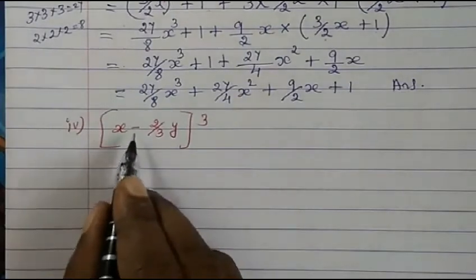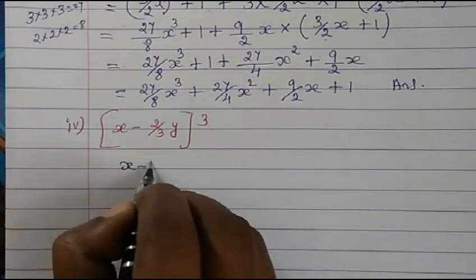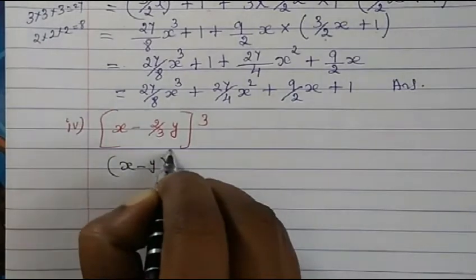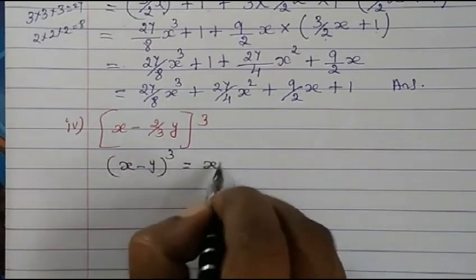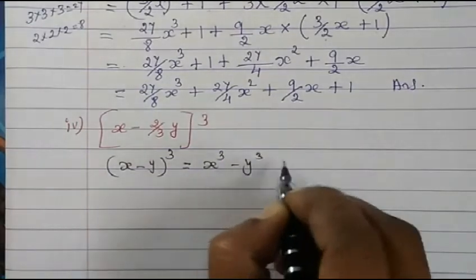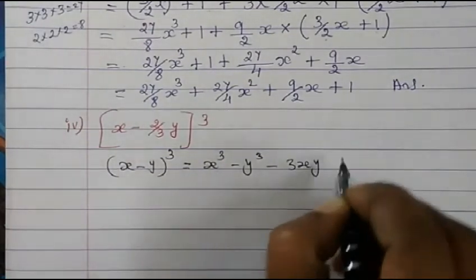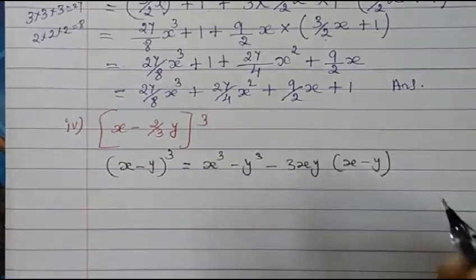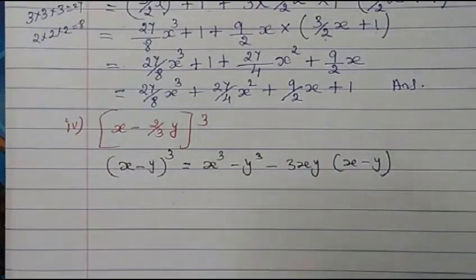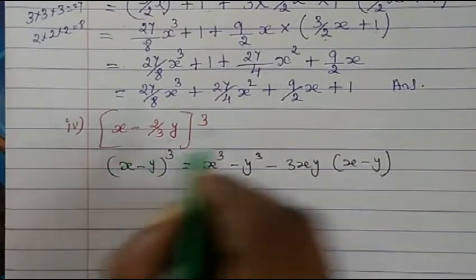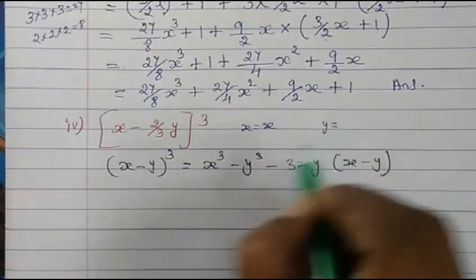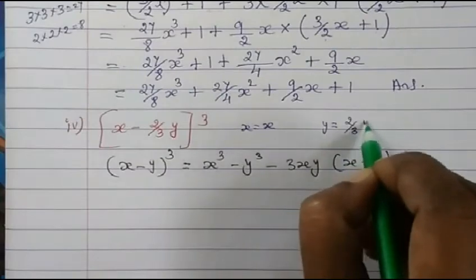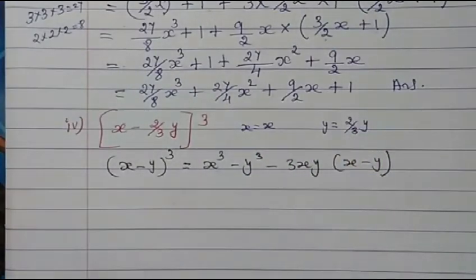Now for the next one also you see. This is in minus. So our expansion is (x - y) whole cube, which is equal to x cube minus y cube minus 3xy(x - y). So now in the place of x, what we will write? In the place of x we have x only, and in the place of y we have 2 upon 3y.